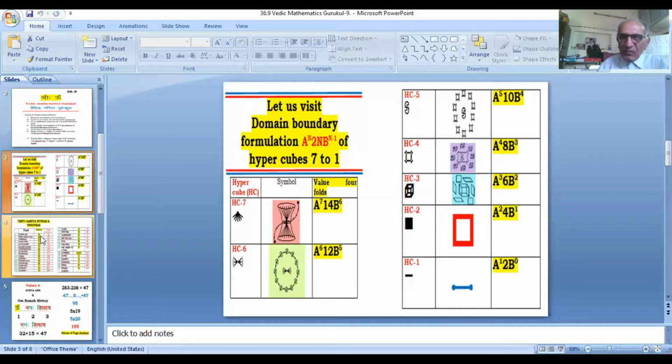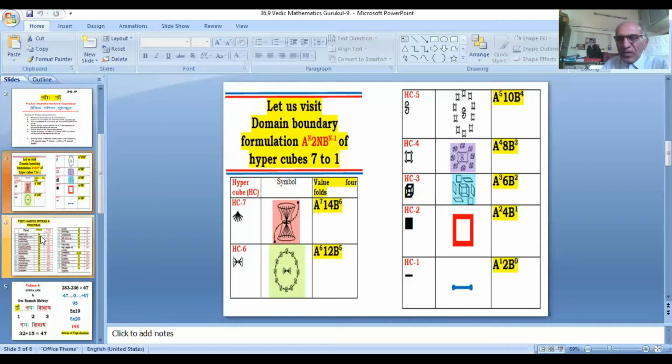The general formulation is a raised to power n is to 2n and b raised to power n minus 1, and n equal to 2 takes us to hypercube 2, square, a two-space body, a representative regular body as it manifests within creators of space. This, in fact, is an expression of two-space content within creators of space as of four folds.